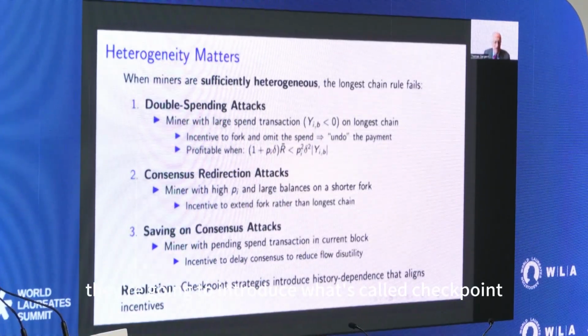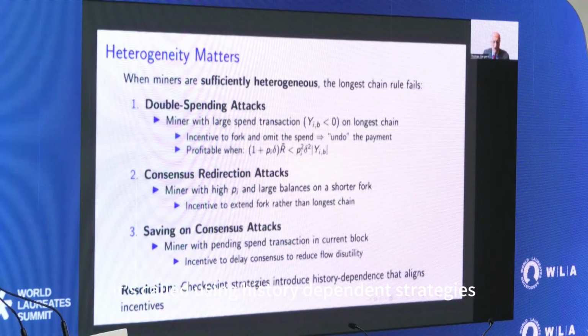They're going to introduce what's called checkpoint strategies, and this is a trick that has been brought into economics by some very important economists. It's called using history-dependent strategies. People like Hurwicz and Maskin and various people have done this.